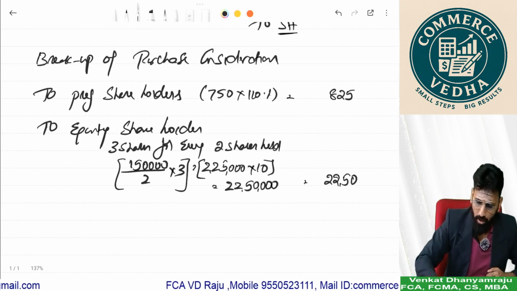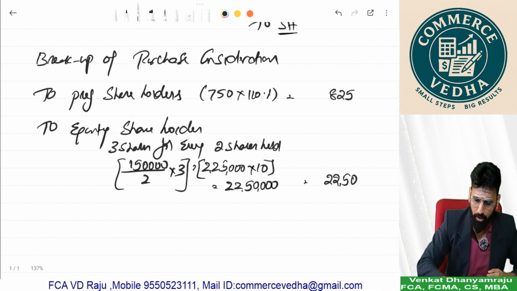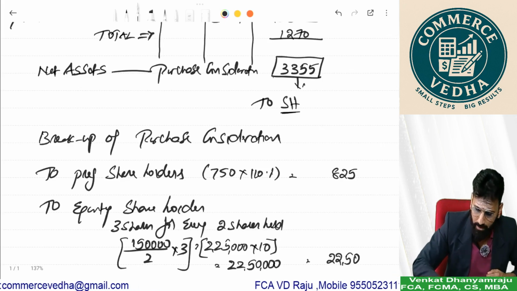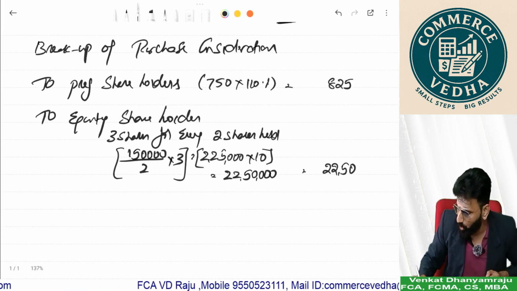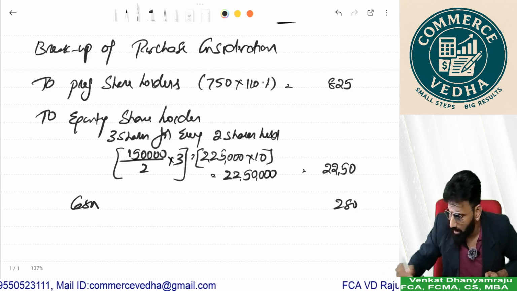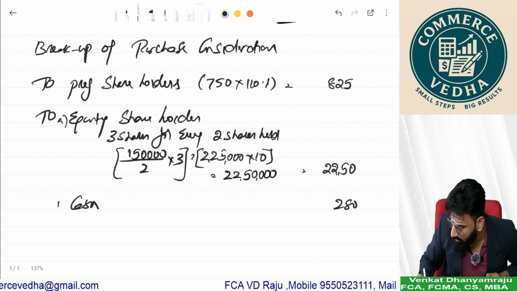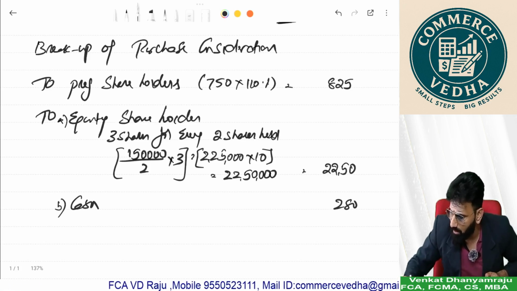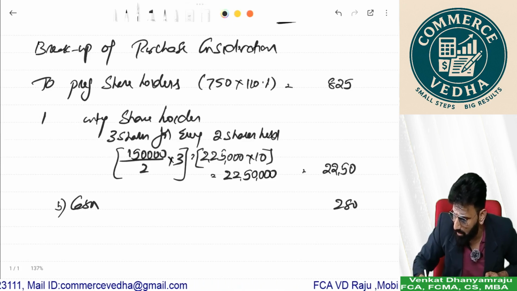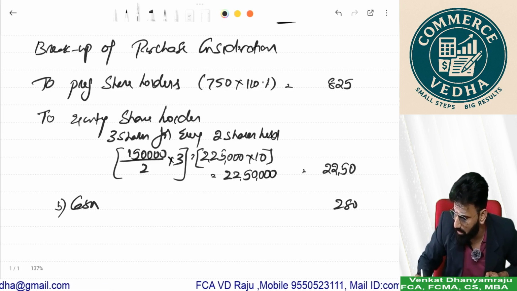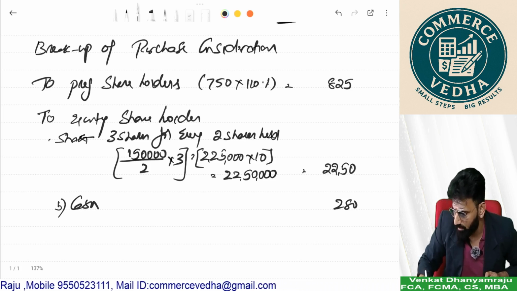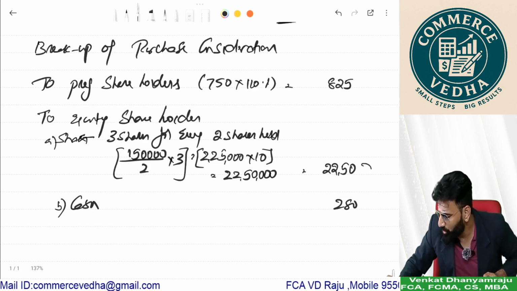Now 825 to preference, 2250 to equity, and the balance out of 3355 is 280 cash. To preference and equity shareholders, there are 2 parts. Shares and cash. 280. This is to equity shareholders.